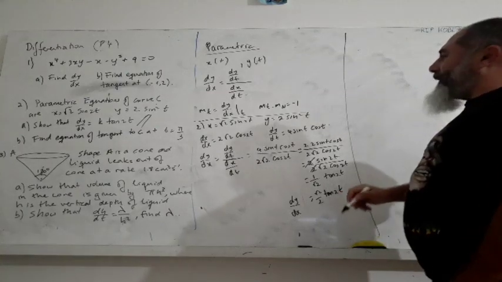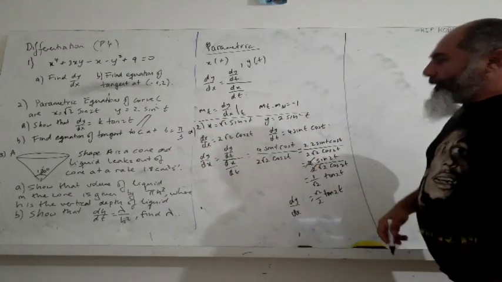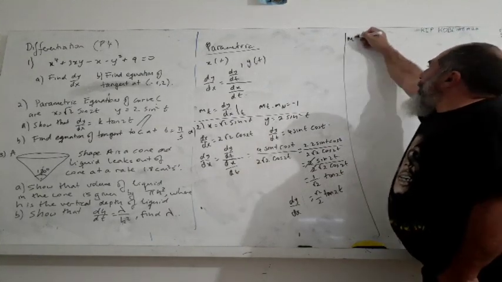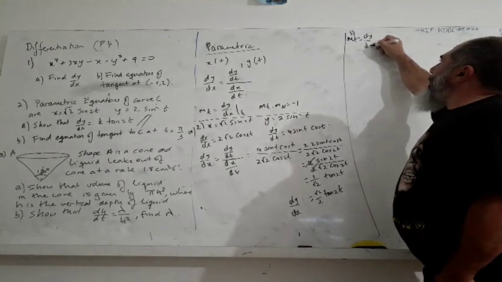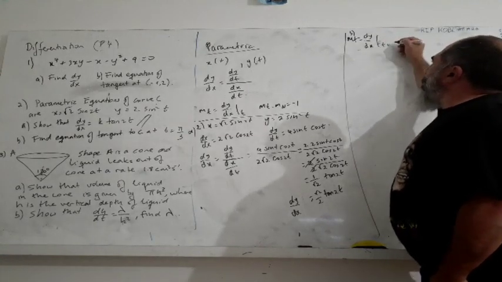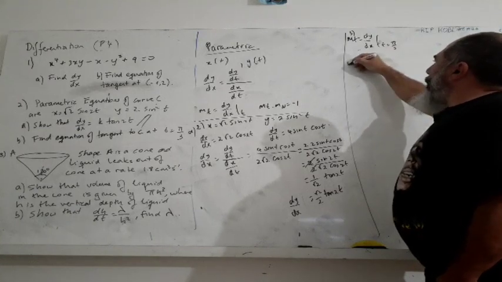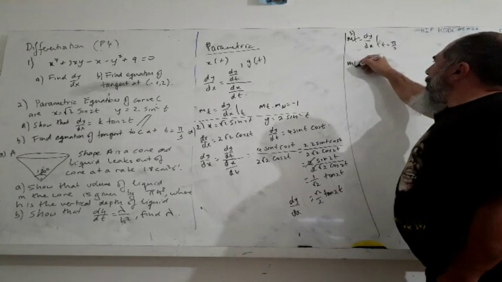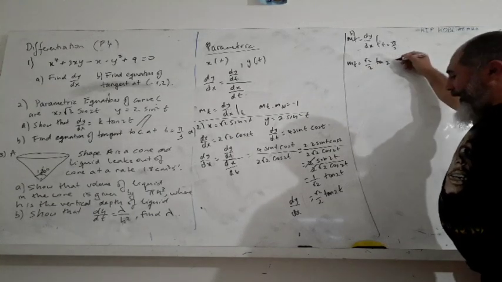For part B, the gradient of the tangent is dy over dx when t is equal to pi over 3. So the gradient is going to be root 2 over 2 tangent 2 times pi over 3.